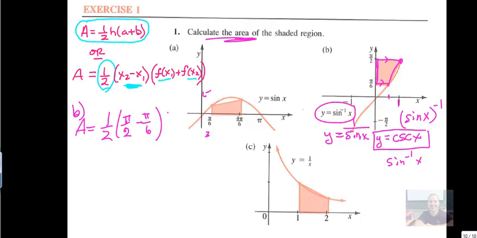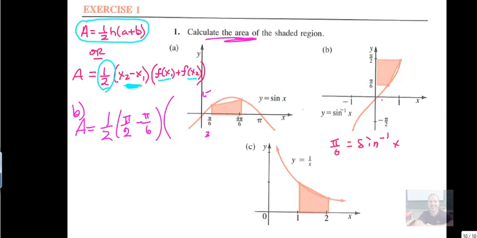And then we need to find A and B. When we're looking for this x value, it's a little tricky. What's the opposite of the inverse of sine? Which is just sine, right? So if you take the sine of both sides, that undoes the inverse sine, and you just get x equals sine of pi over 6.